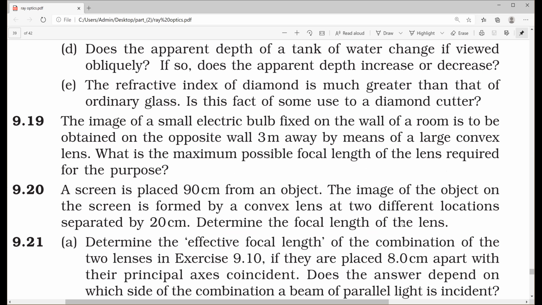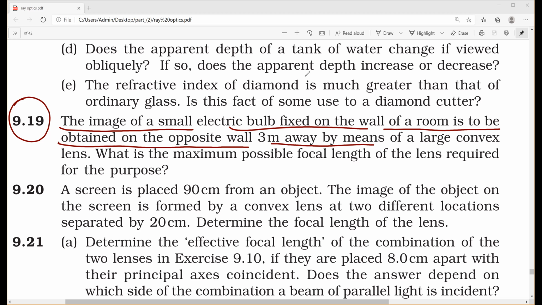So 9.19, what they asked: the image of a small electric bulb fixed on the wall of the room is to be obtained on the opposite wall 3 meters away by means of a large concave lens. What is the maximum possible focal length of the lens required for the purpose?